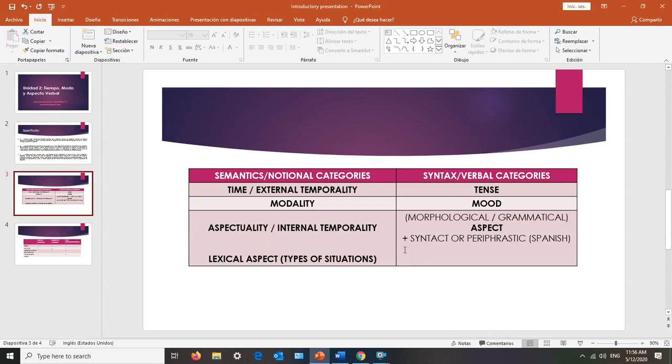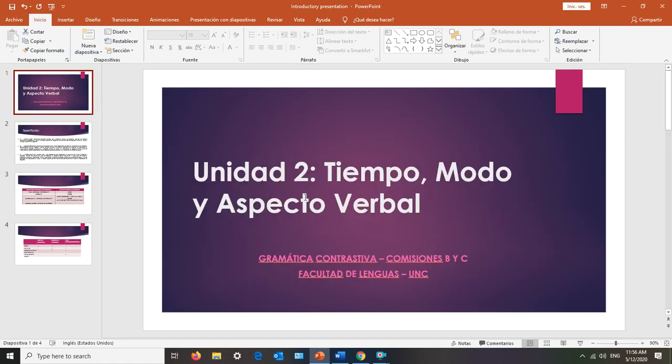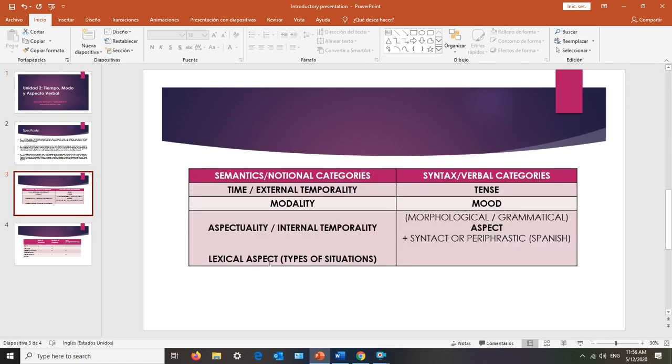Okay, so this is the second part of my presentation on the categories, the notions, the concepts that are necessary for us to begin with Unit 2 in our syllabus.